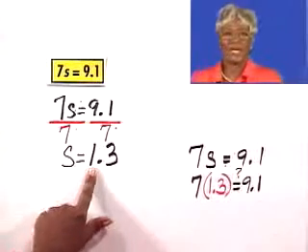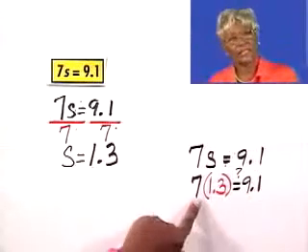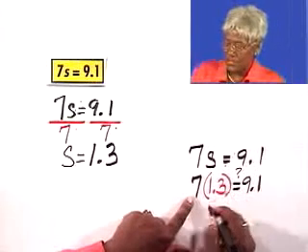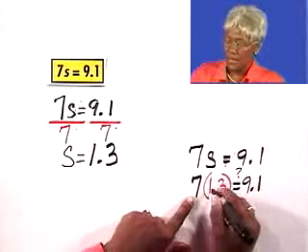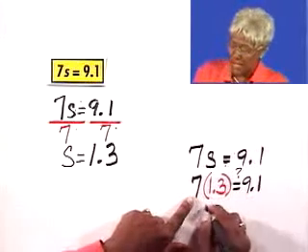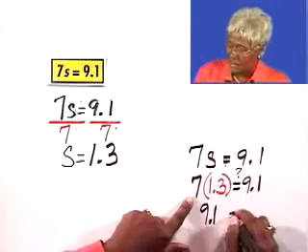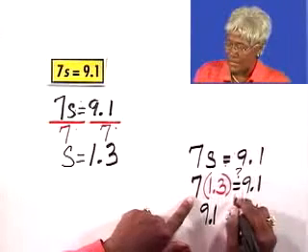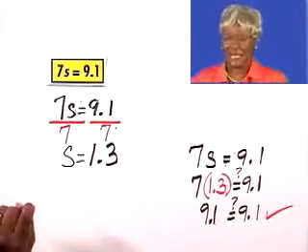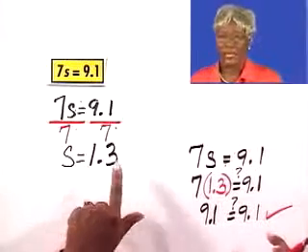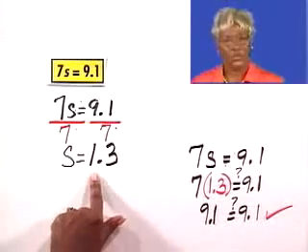Is that equal to 9 1/10? Well, let's see. 7 times 3 is 21, with 2 left over. 7 times 1 is 7, plus the 2 is 9. Does 9 1/10 equal 9 1/10? Guess what? We got it right again. So 1 3/10 is the solution to the equation 7s equals 9 1/10.